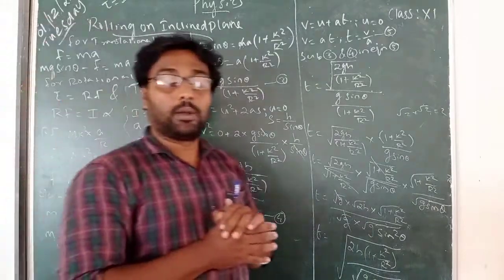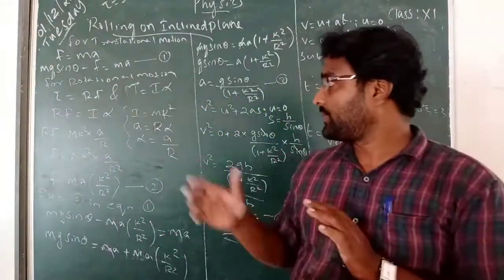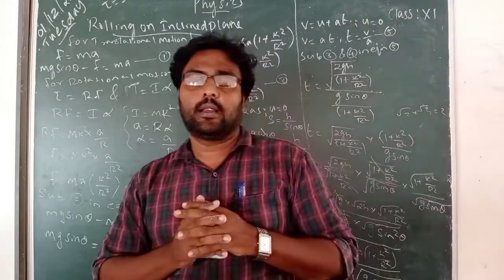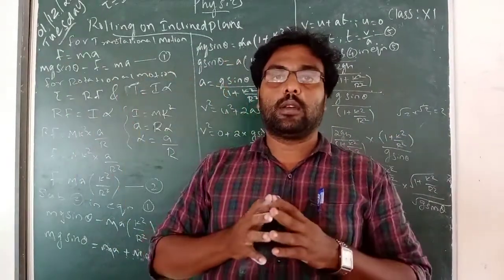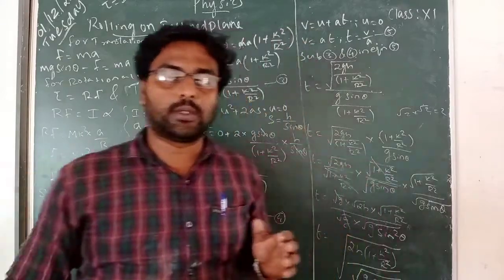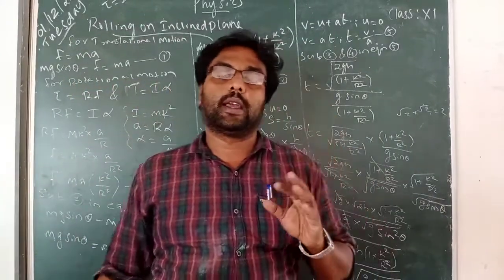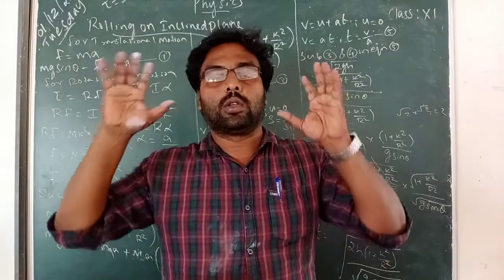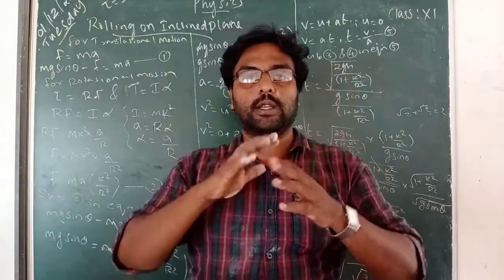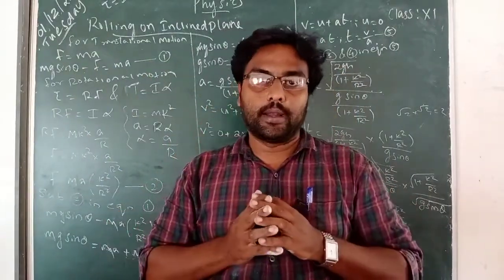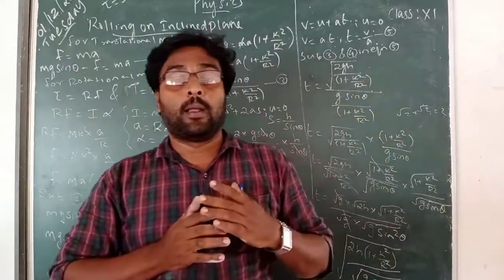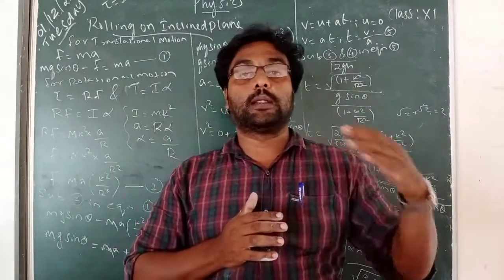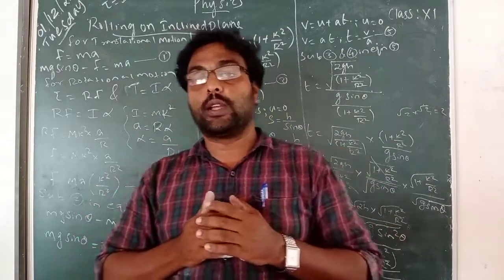This is one of the important 5-mark questions we can see. So first, what we have to do is find it for translational motion. You have to remember the diagram of the object which is rolling down an inclined plane. The forces acting are mg sin theta, and there is a frictional force opposite to that.